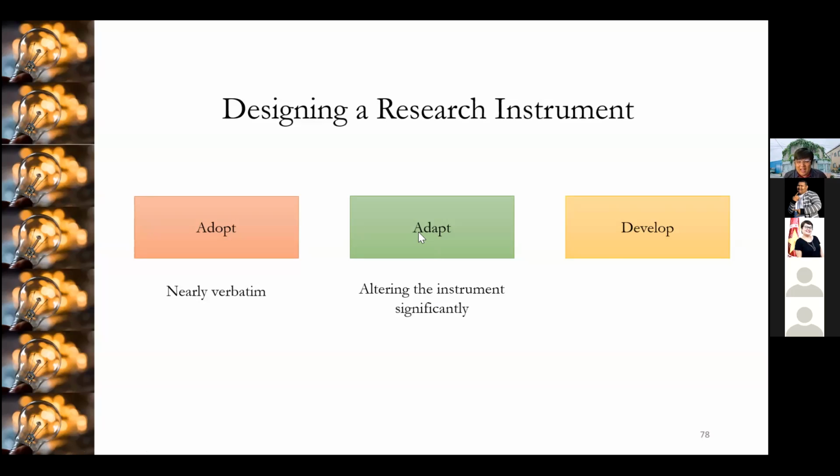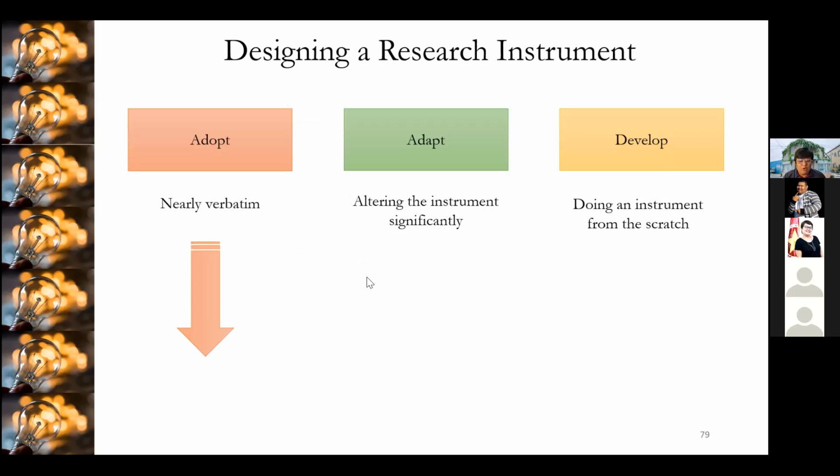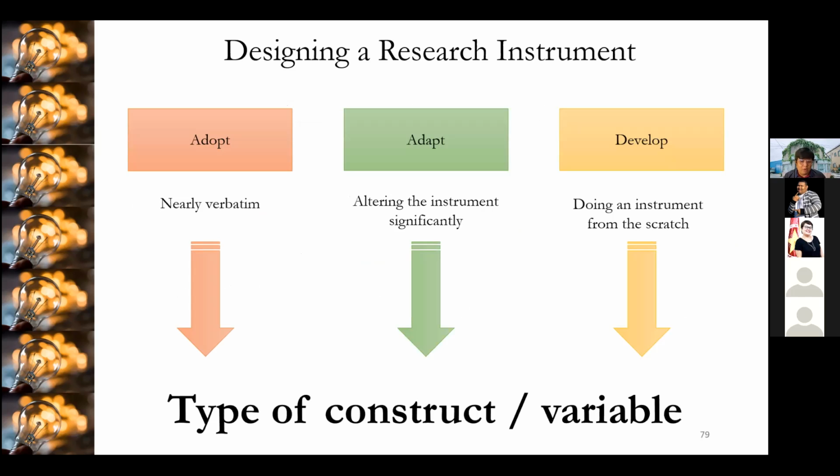Okay, so again, as I mentioned, if we will be adapting, it means we will be utilizing a prior study's instrument or measurement, then we will try to alter the instrument significantly. And of course, develop a new instrument, meaning you're going to do an instrument from scratch. And in designing a research instrument, you need to consider the types of variables or constructs you will be using.